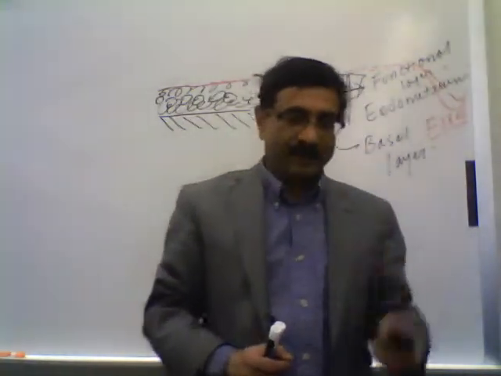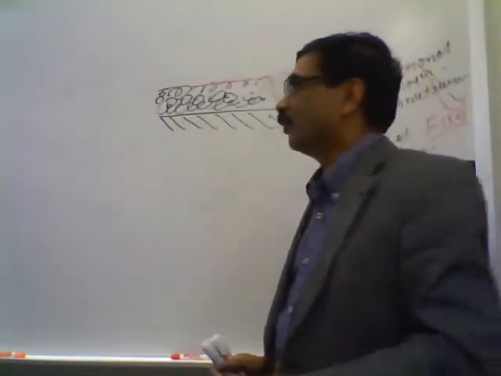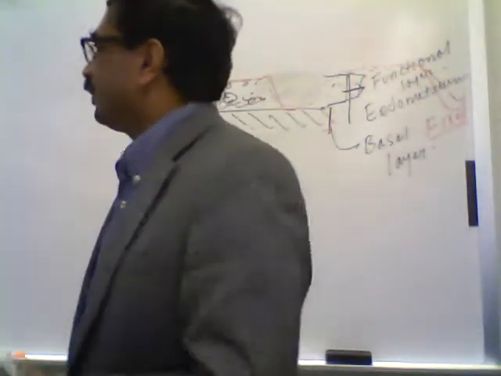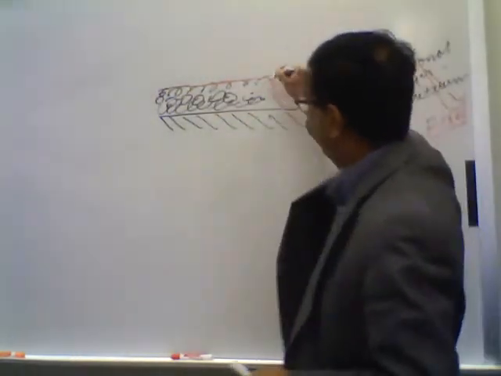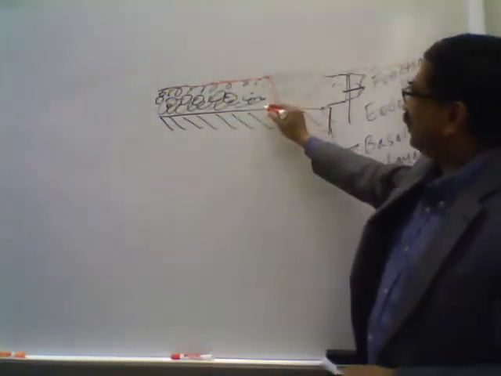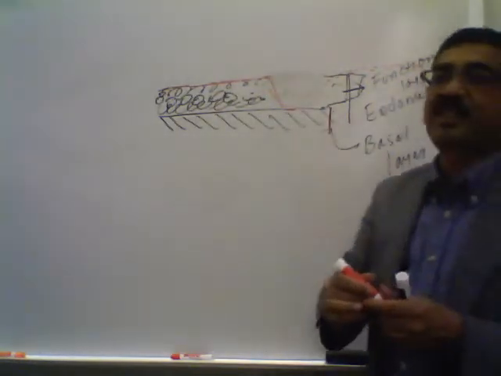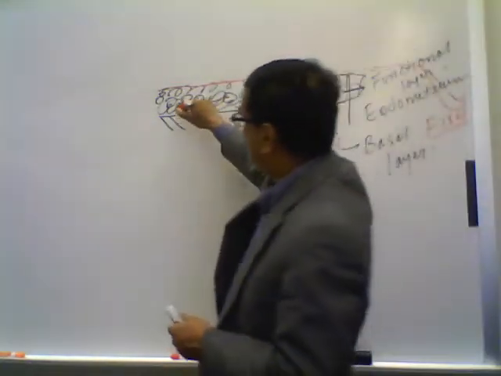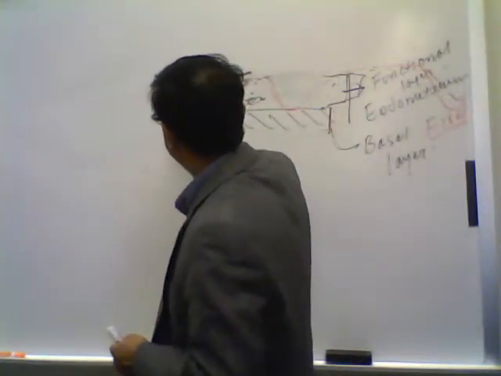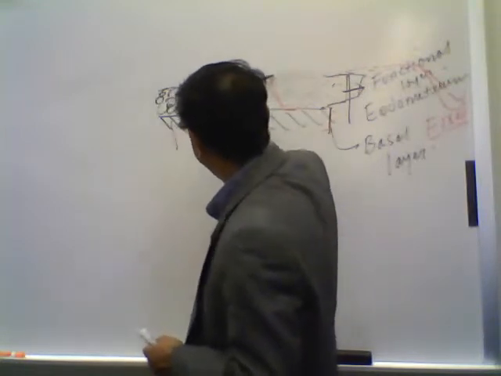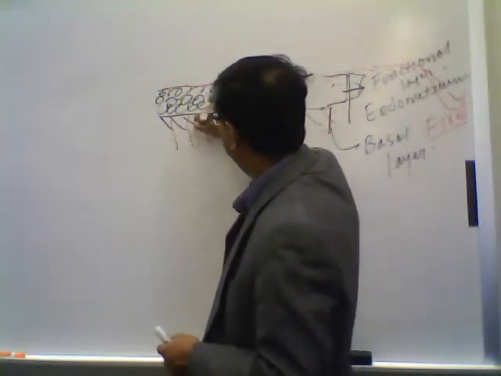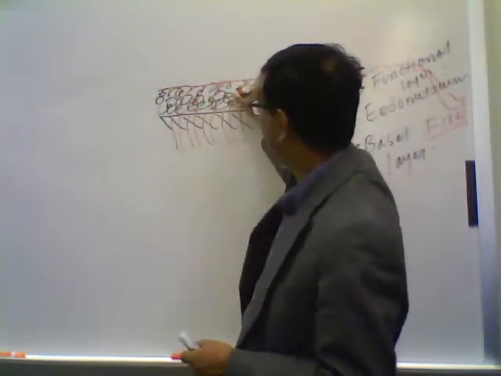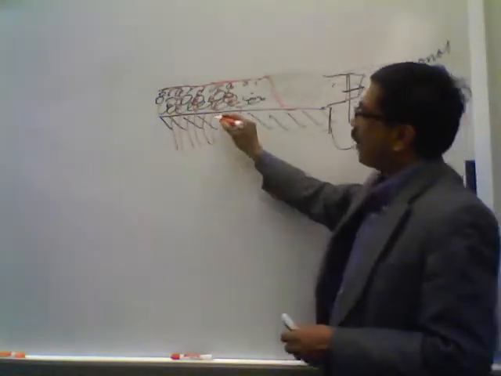Now, the blood supply in the uterus is important. Why? Because the destruction of the functional layer occurs due to the constriction of the blood vessels that enter into it. So, what happens? Two types of blood vessels we see here: straight arteries and spiral arteries. These are spiral arteries.